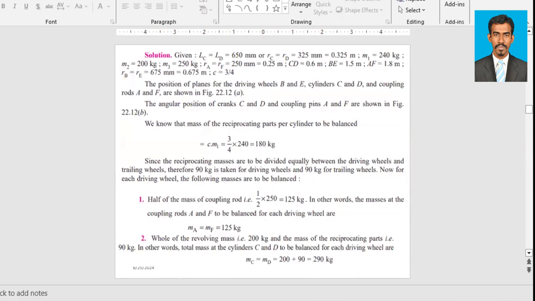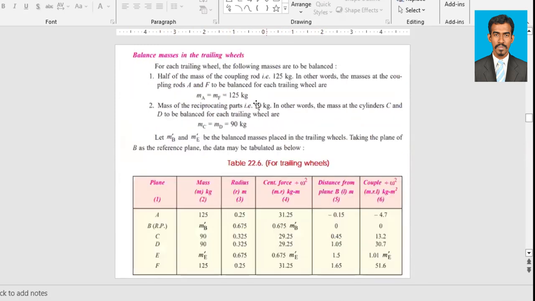So the rest of the 90 kilogram will be balanced by the trailing wheel, right? So the mass of the reciprocating parts, that is 90 kilogram, will be balanced by this trailing wheel. In other words, the mass of the cylinder C and D to be balanced for each trailing wheel would be 90 kilogram, right? So these are the masses which we are going to balance for the trailing wheels.